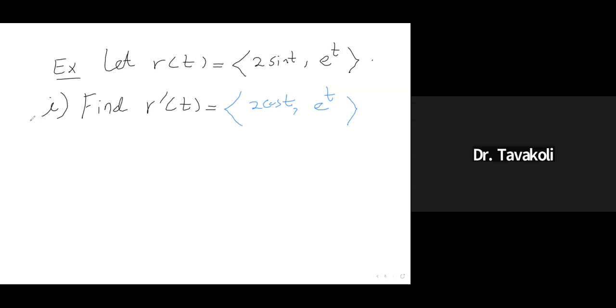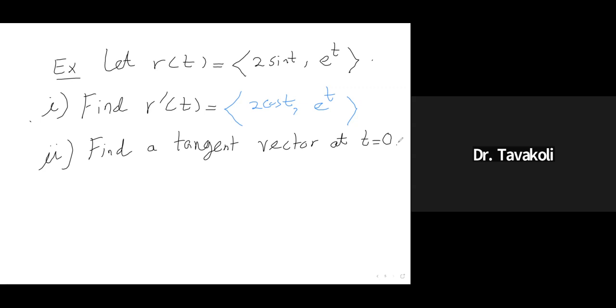Part 2, find the tangent vector at t equals 0. So I know that at any t, r prime of t is a tangent vector.